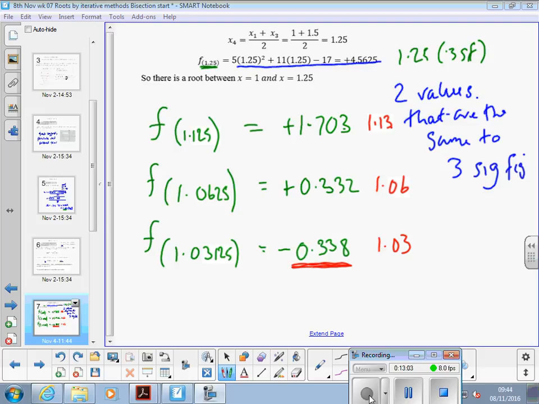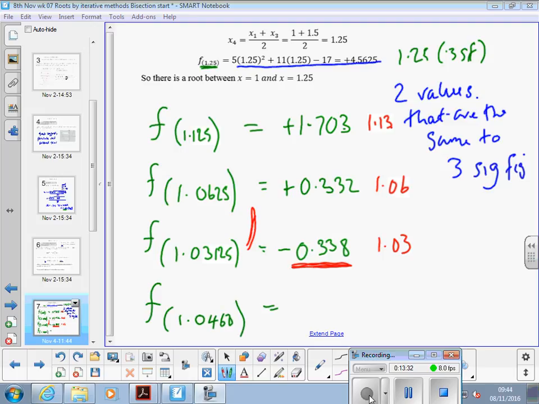So we've now got to look between 1.03125 and 1.0625 now. We've got to stop looking between 1 and the top figure. Got to look between these two. So halfway between those two is 1.0468.